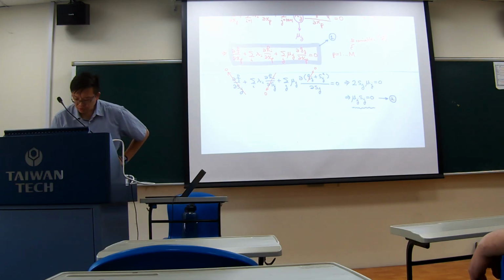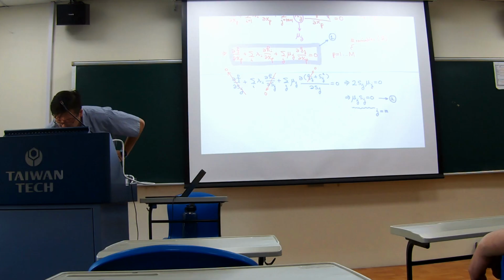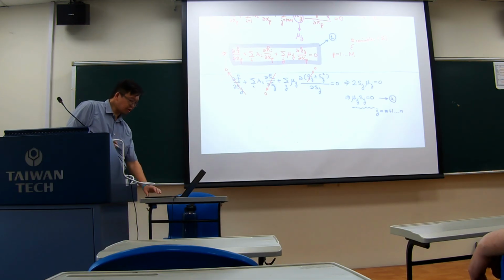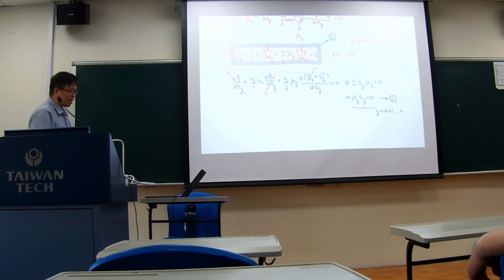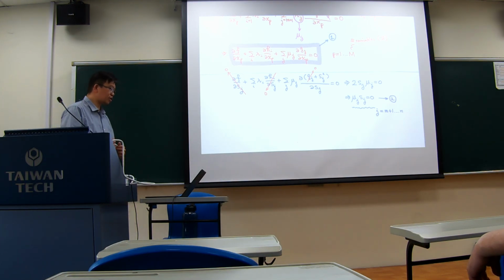And j goes from n plus 1 to n, based on our definition earlier. Okay, that's fine. Let's keep it this way. We will come back to the second equation later to reconsider it in a different way, so we can come up with the second and the third rules in KKT.